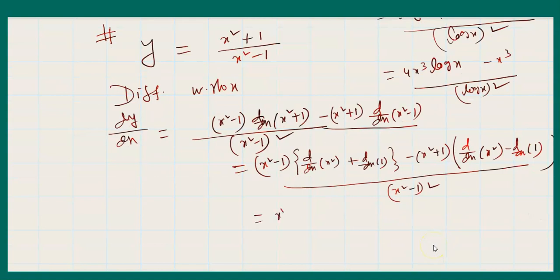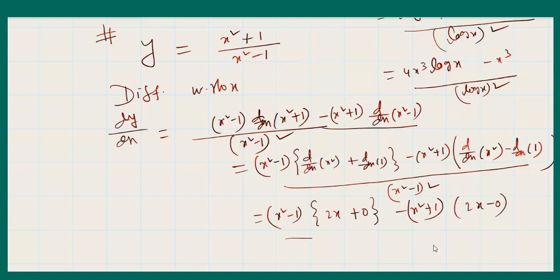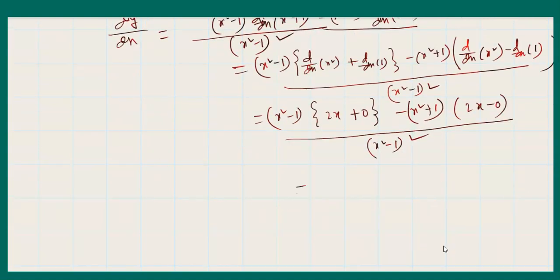So this will be x square minus 1 into 2x plus 0, minus x square plus 1 into 2x, by x square minus 1 whole square. Now you can simplify this.